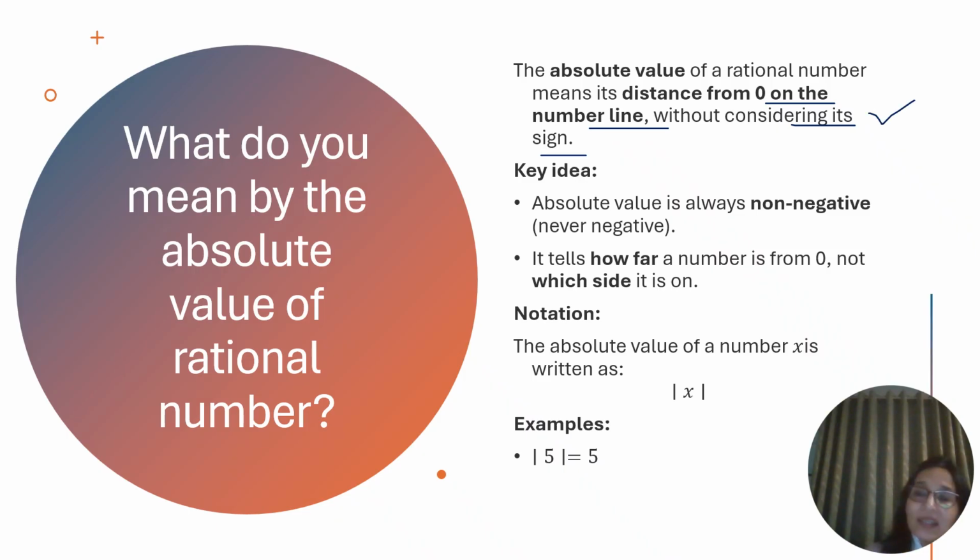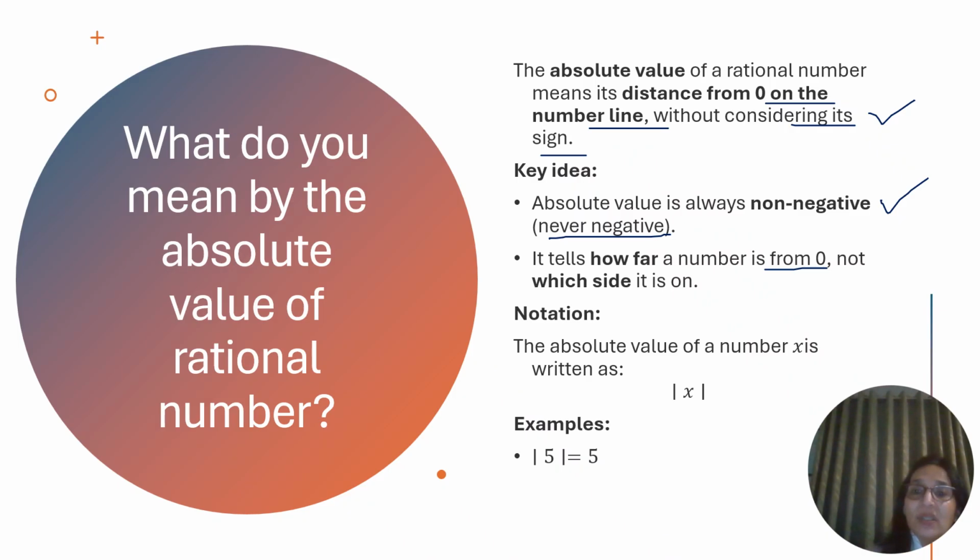Now, what is the key idea behind this? Absolute value is always non-negative. Now, what do you mean by non-negative? That is never negative, and it is given in your textbook as well. It tells how far a number is from 0. Remember, not which side it is on. Okay, it is how far the number is from 0.